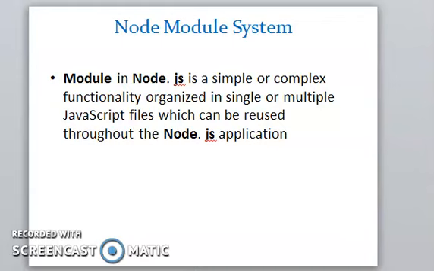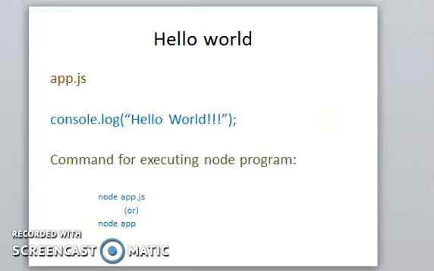Considering a simple example, it is an example of writing or displaying a hello world. Our aim is to display hello world on the screen, and here we are just giving a word, hello world.